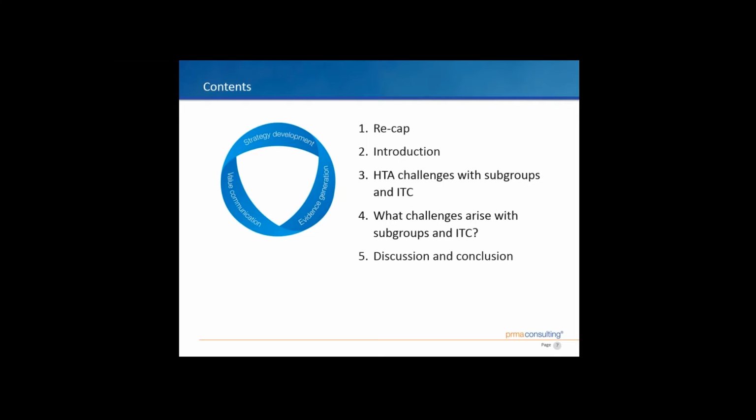Just quickly in terms of the contents for today, David's just been through the recap from the last webinar and some introduction. I'm going to briefly go through the HTA challenges that come up with subgroups and indirect treatment comparison, and then the main part of today's talk will be the challenges that arise, and I'm going to present those within illustrative scenarios that will help us dig into the nature of these challenges and what they mean for us and what they mean for manufacturers, how we can attempt to get around them, and then discussion and conclusion as usual will be at the end.